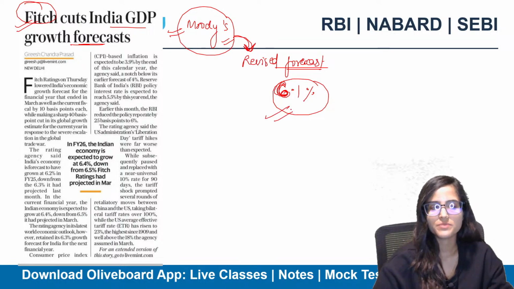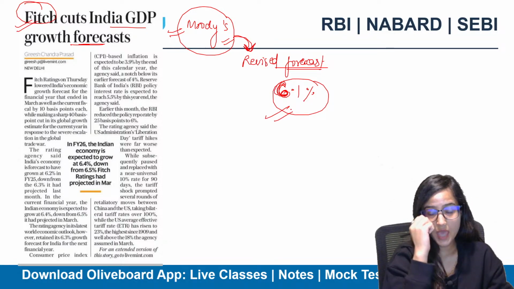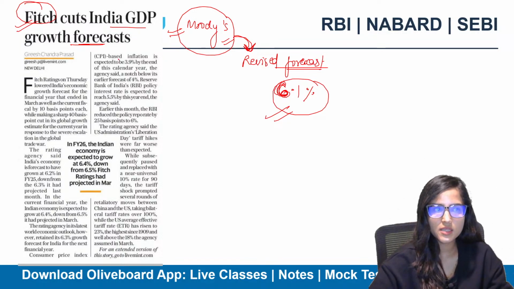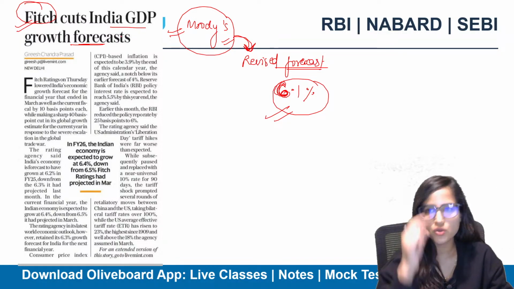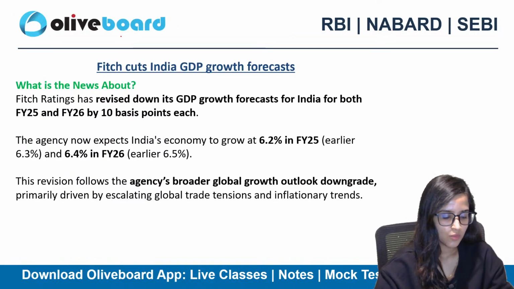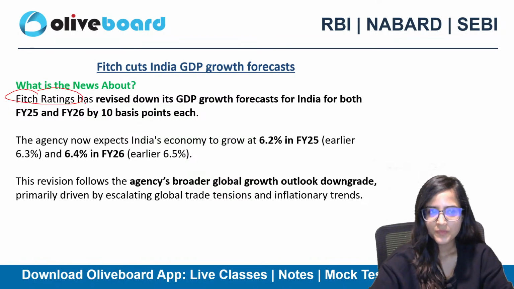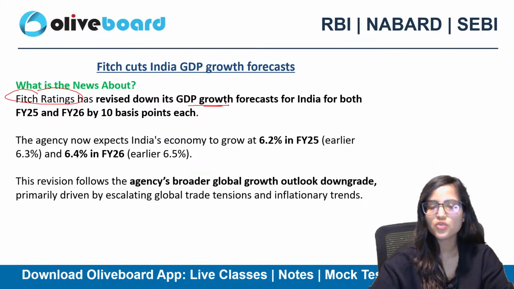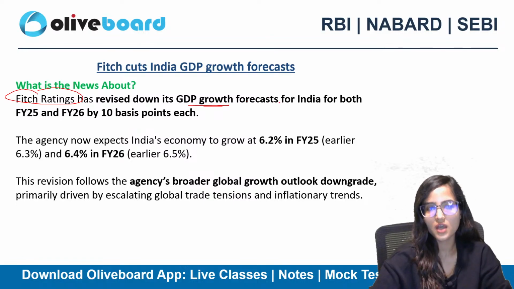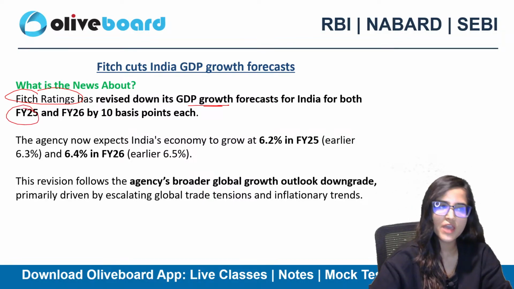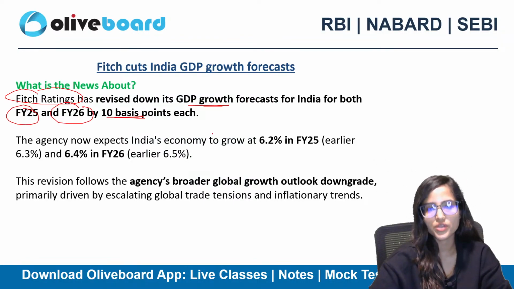So here we have Fitch ratings. Fitch cuts India's GDP growth forecast. Now let's see, Fitch is also a credit rating agency. It has revised down the GDP growth estimates or forecasts for India for both financial year 25 and 26 by 10 basis points.